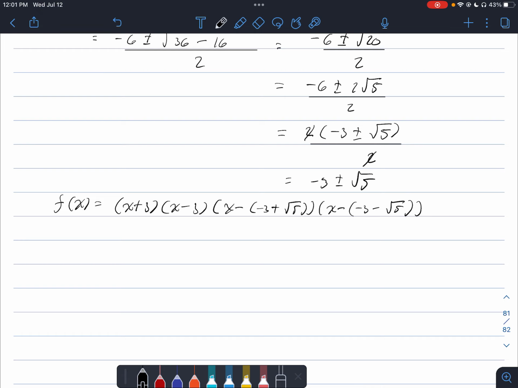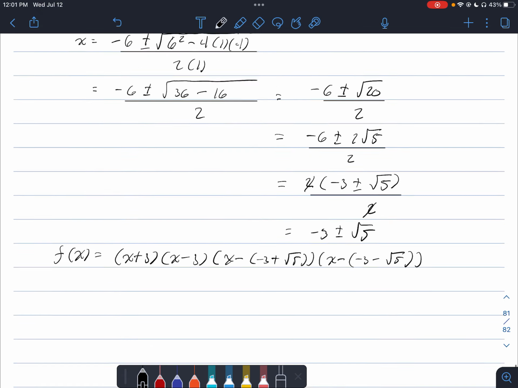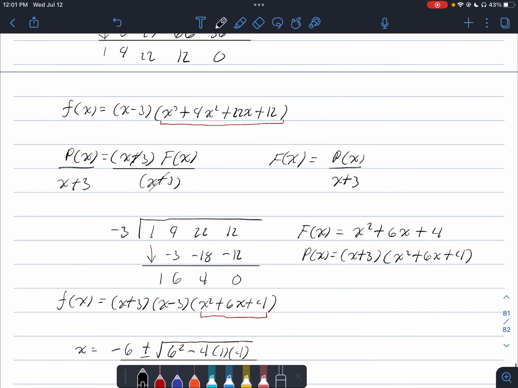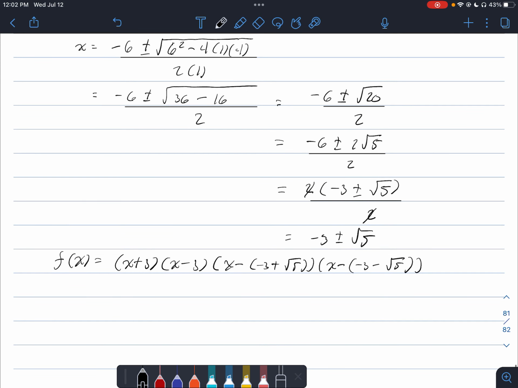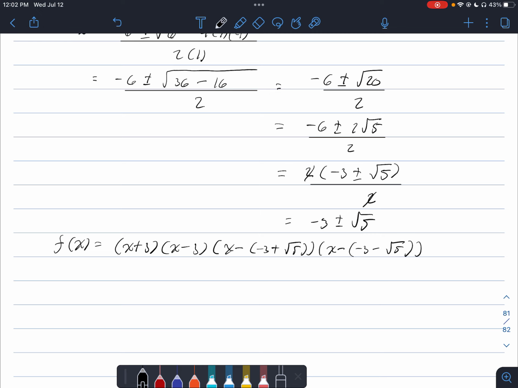So there we go. That is how we could factor these. Sometimes you'll get complex numbers as well. There's lots of possibilities when you're doing this for your homework. But hopefully this is a little bit more help with writing these polynomials of higher degree as a product of linear factors.